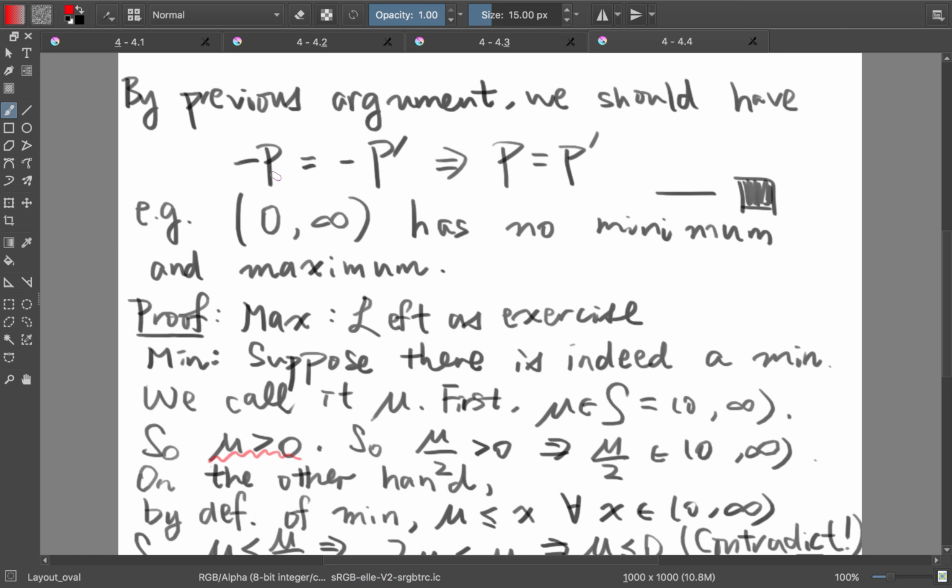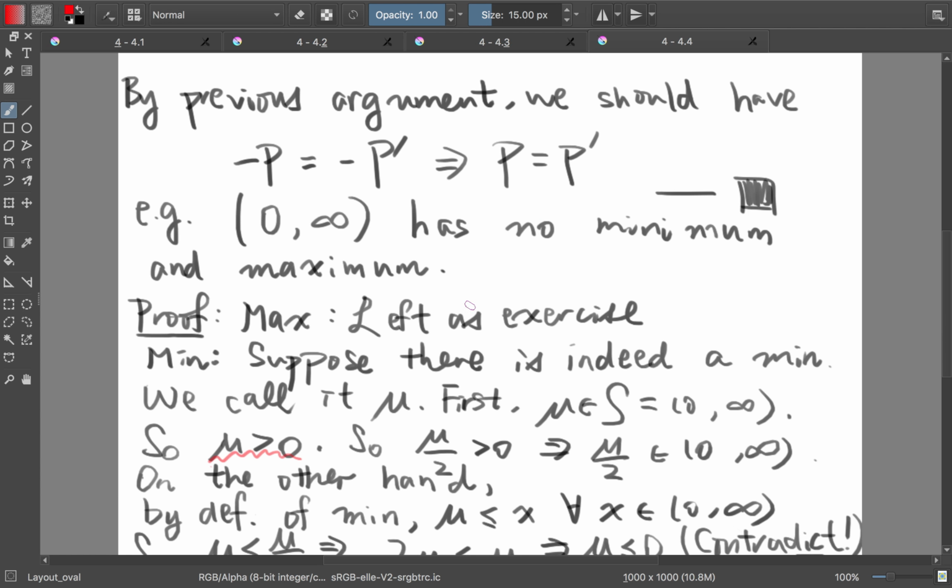So negative P is equal to negative P prime, and if we take the negative sign to both sides, we get P equal to P prime, and that means the two minimums are indeed the same. And we have proved that the minimum and maximum are unique.